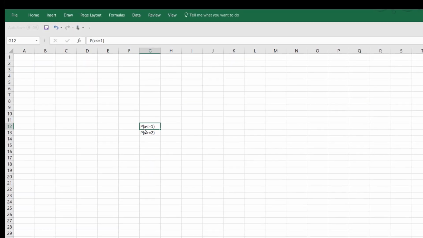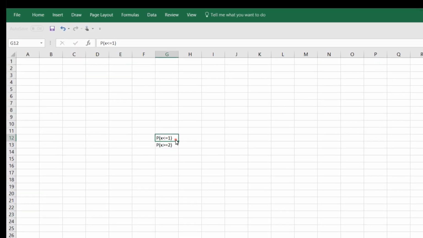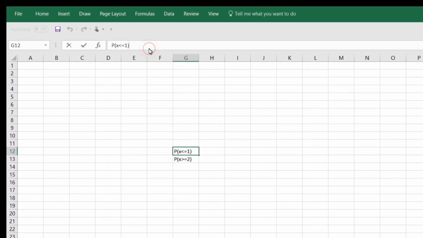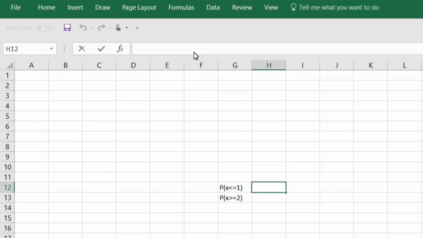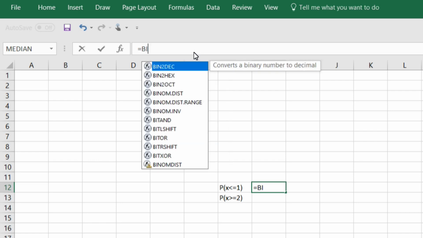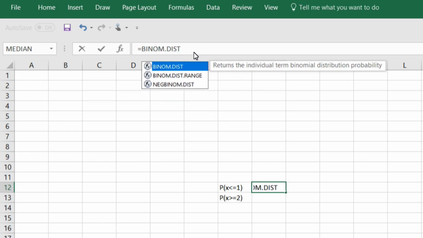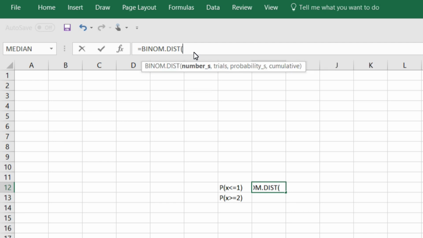First we would have to calculate the probability that x is less than or equal to 1. And to do that, let's put that in the cell next to it. So the probability that x is less than or equal to 1 is equal to, we can type in Binom.DIST, and x then would be 1, comma, n is still 5, p is still 0.29, but now we would type in true because we do want it to be cumulative to 1.